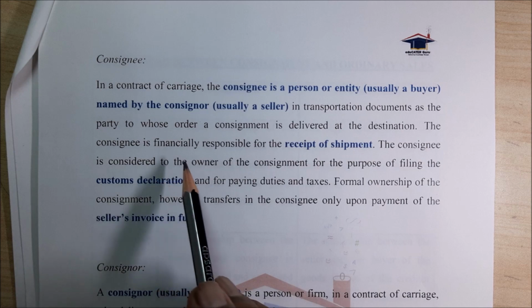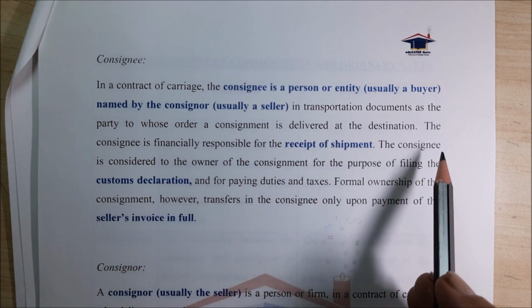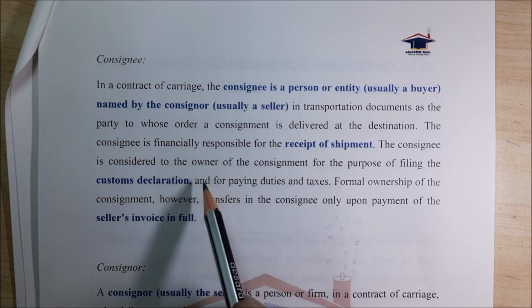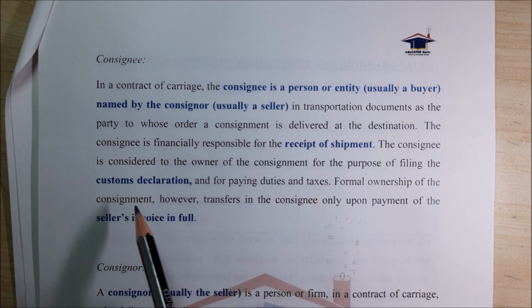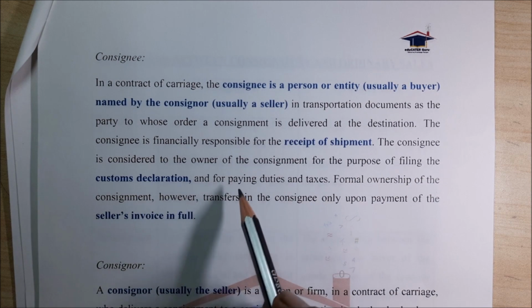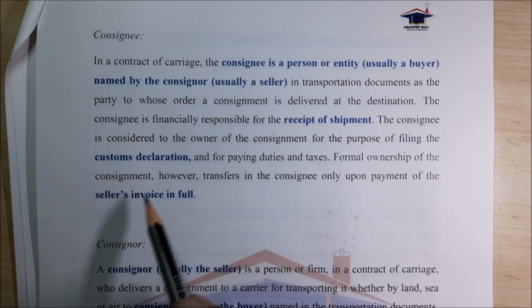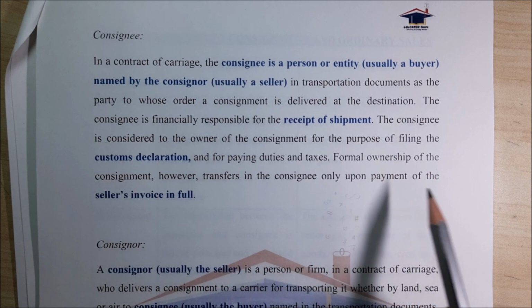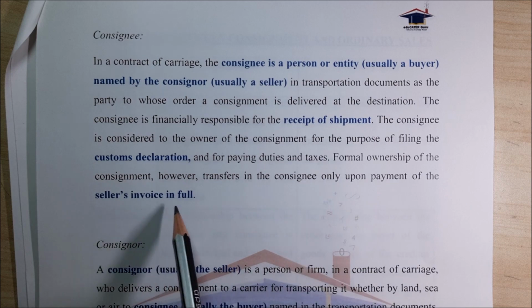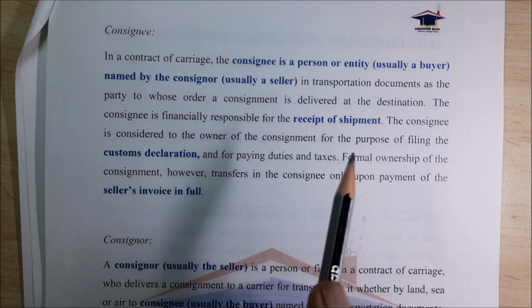The consignee is financially responsible for the receipt of shipment. The consignee is considered the owner of the consignment for the purpose of filing the customs declaration and paying duties and taxes. Formal ownership, however, transfers to the consignee only upon payment of the seller's invoice in full. So he has to take that full responsibility.